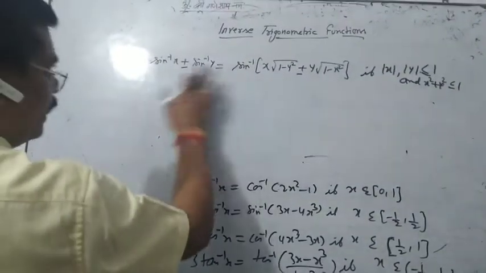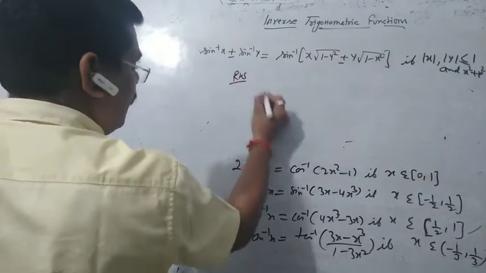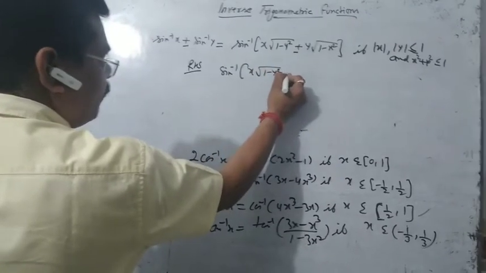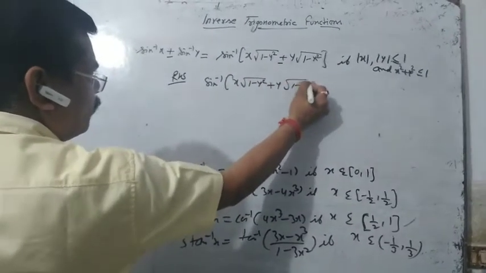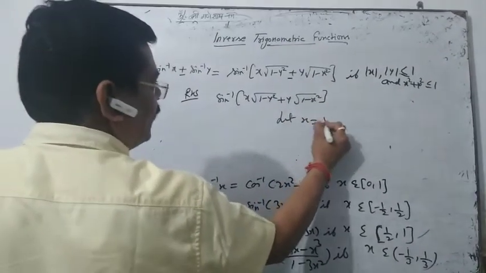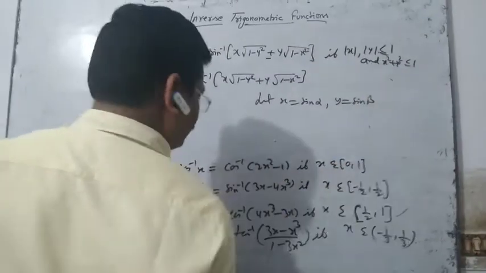How to prove this formula? Let RHS be sine inverse of x root of (1 minus y square) plus y root of (1 minus x square). Let x is equal to sine alpha, y is equal to sine beta.